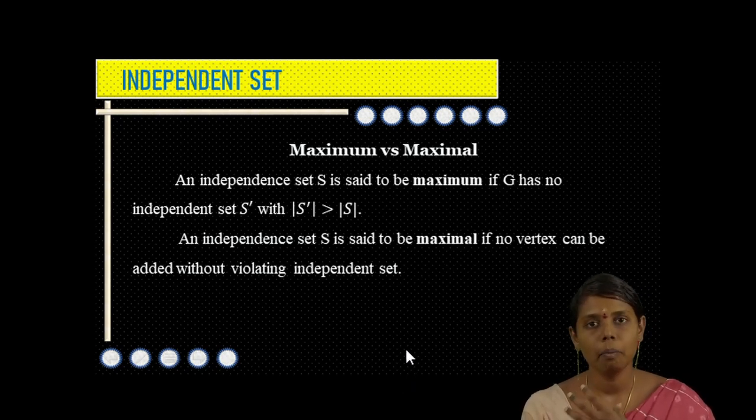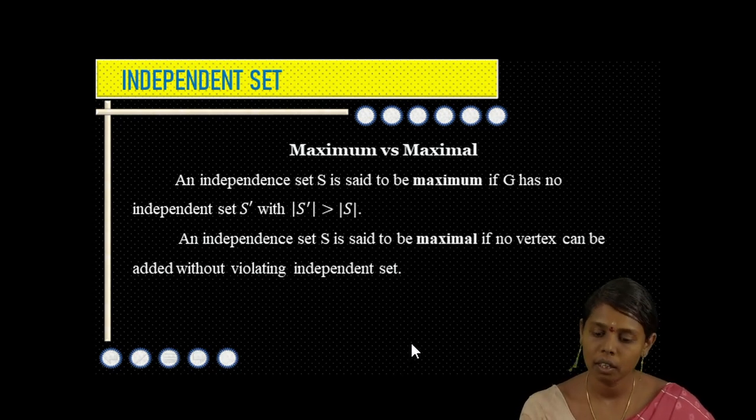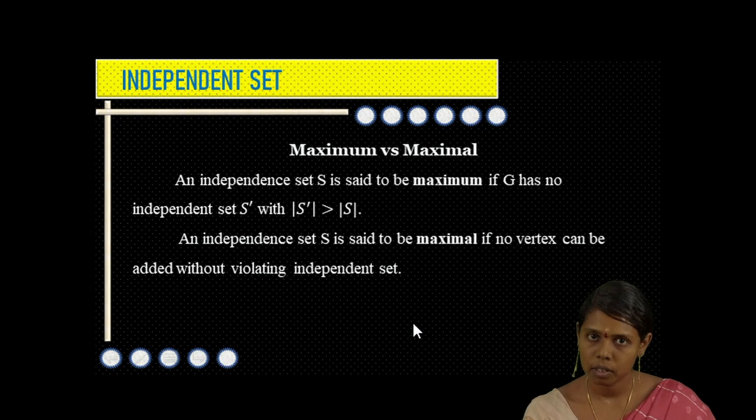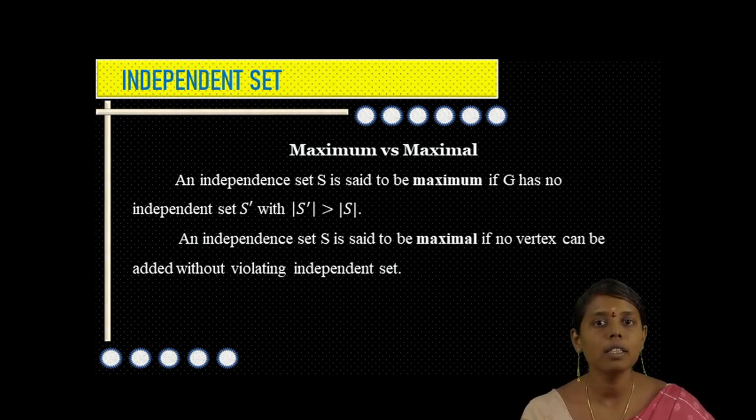So maximum independent set is nothing but the one with maximum cardinality. That is, we cannot find any other independent set with more vertices in it. But the maximal definition is different. An independent set S is said to be maximal if no vertex can be included in the set S such that the new set is independent.